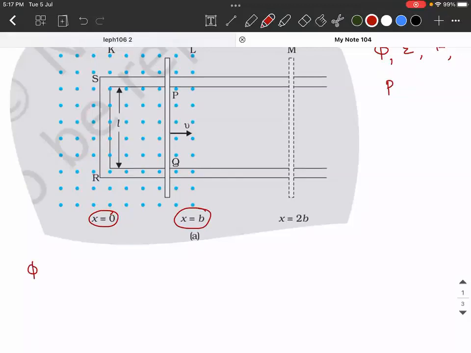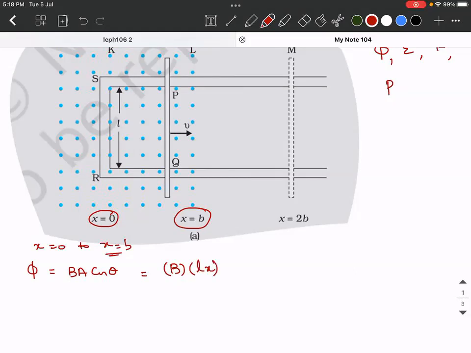Flux is equal to B dA cos theta. What is the value of area? From x equal to 0 to x equal to b, the area is L into x.